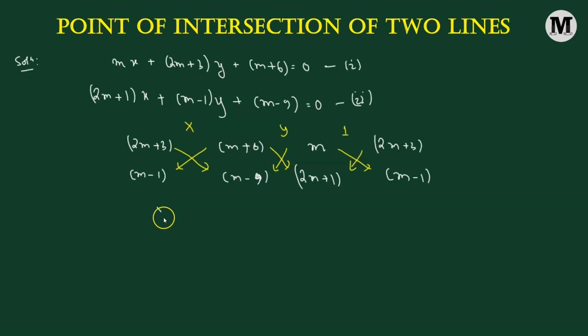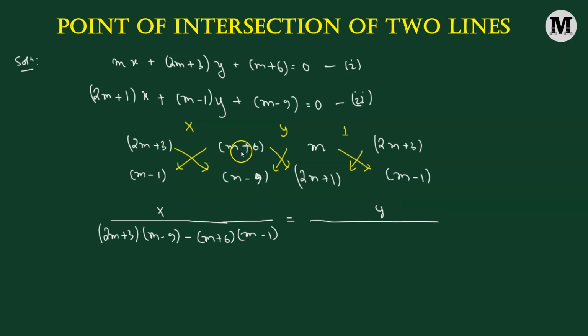For finding x, we take x and divide it by the product of 2m plus 3 with m minus 9, minus the product of m plus 6 and m minus 1. This equals y divided by the product of m plus 6 and 2m plus 1, minus m times m minus 9.